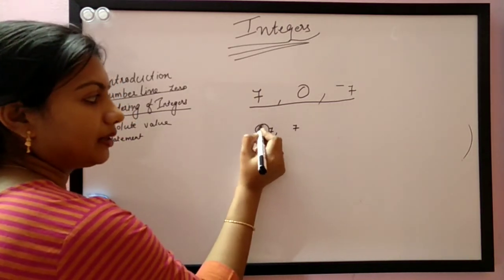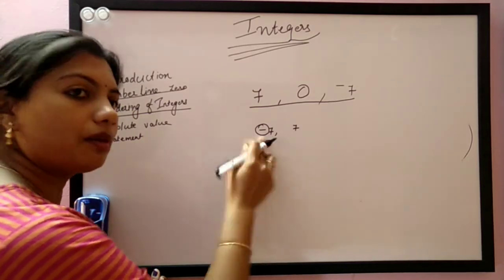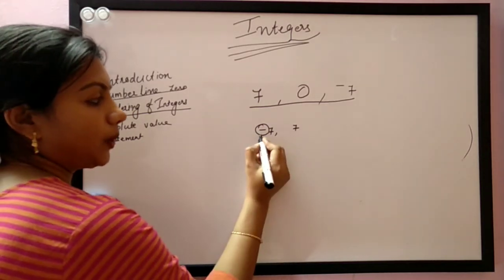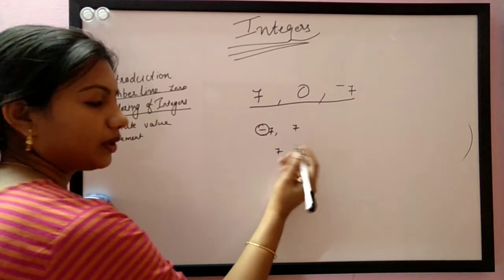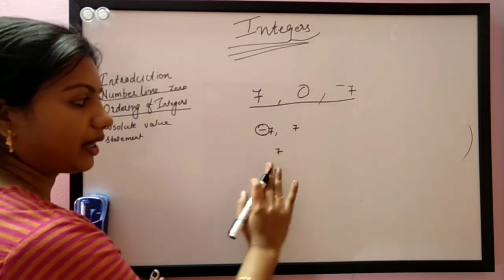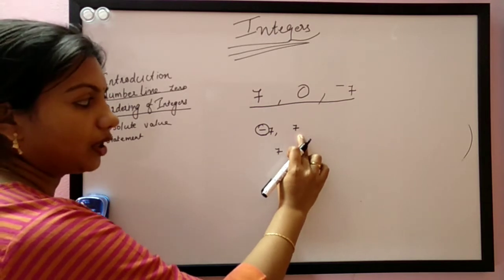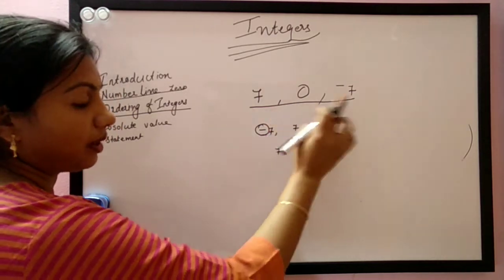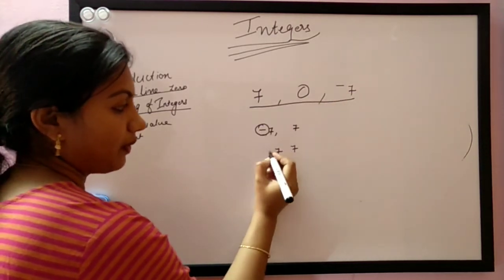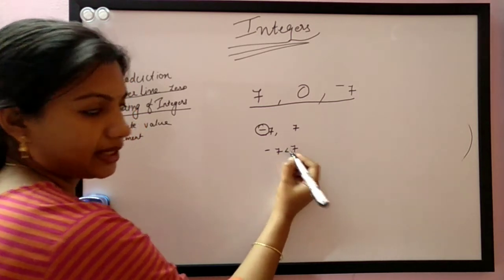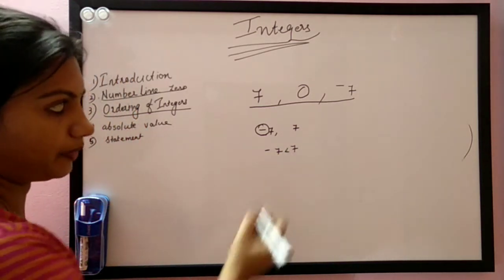This time, look at the symbol. The symbol matters a lot. The negative symbol shows it is on the left side of the number line, and that will have lesser value compared to the right side of the number line. So -7 is less than +7.